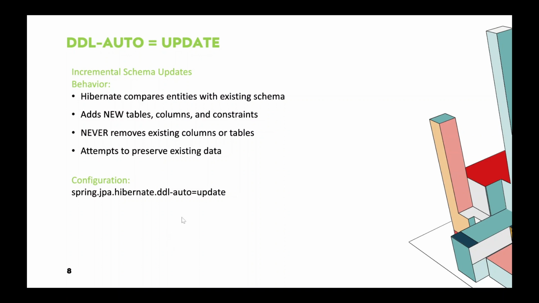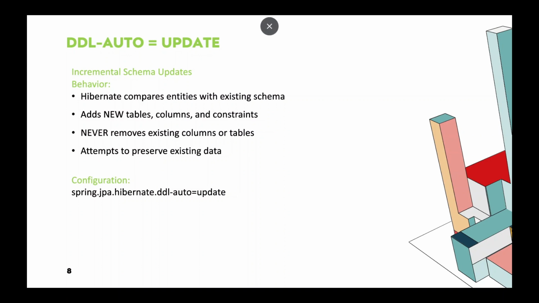When the application starts or reloads, Hibernate compares the existing schema, meaning the existing tables. If the entity has two columns, like first name and last name, and the database has three columns, it will ignore the extra one. But if the database has two columns and the entity has three columns, it will try to create a new column based on the code.